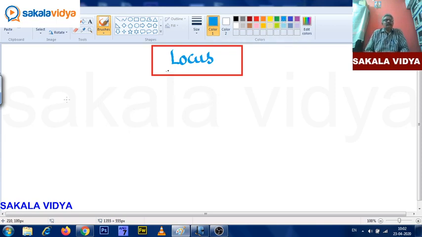So, now what is locus? See, so now definition.